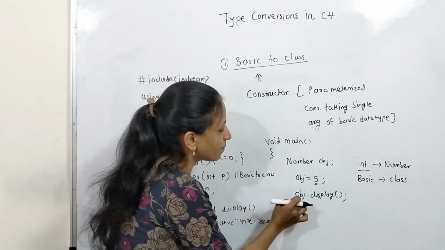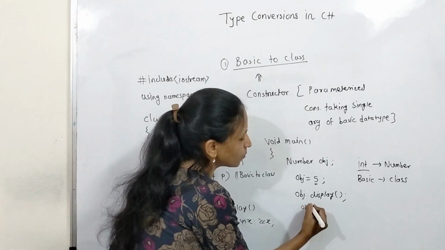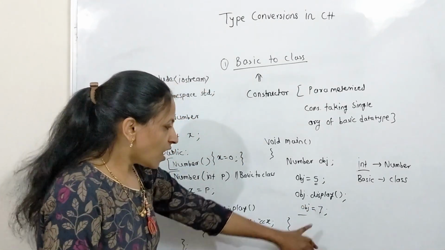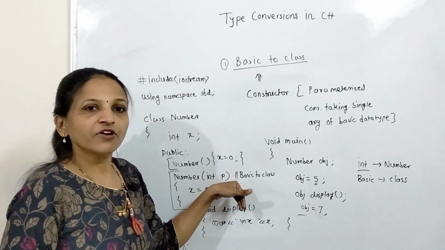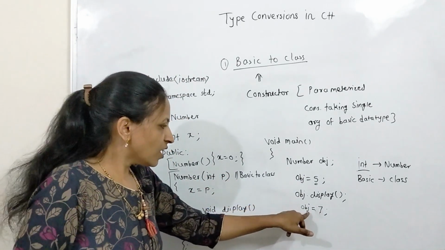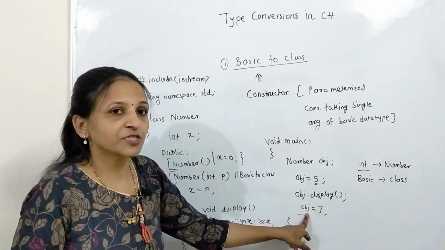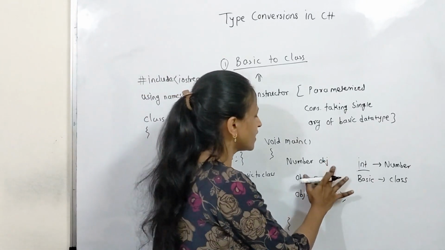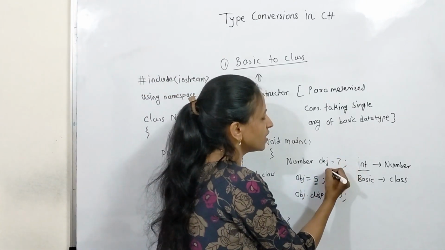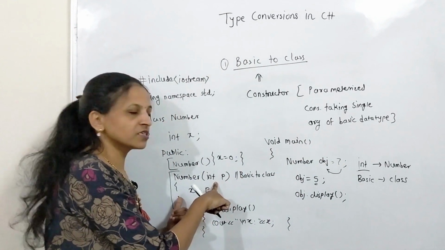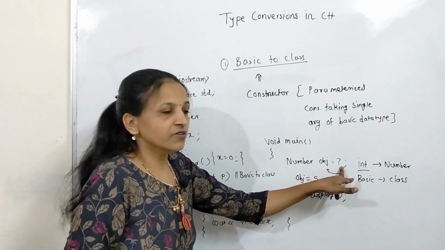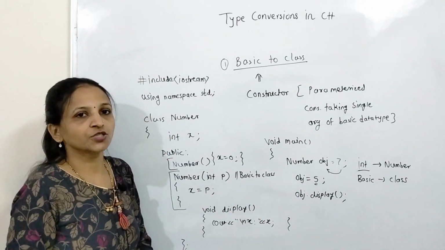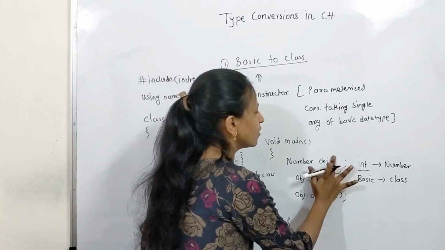Or suppose after this I again write obj = 7, and again obj.display, then again the parameterized constructor will be called, and to the x data member of this object the value 7 will be set. Getting it? Suppose we write it like this, equal to 7, then also the same parameterized constructor will be called, and here we are again doing basic to class type conversion, and that will be achieved. That is also allowed.